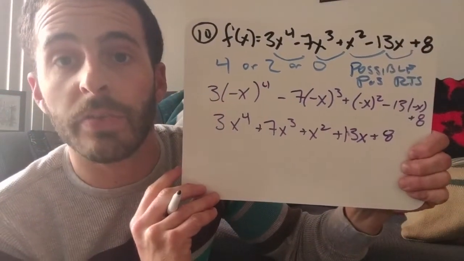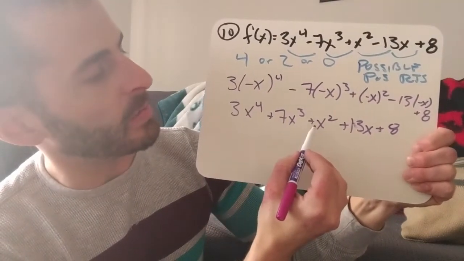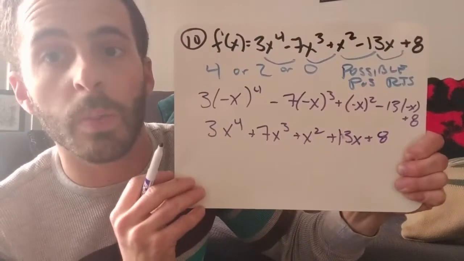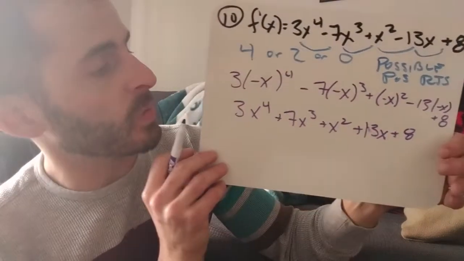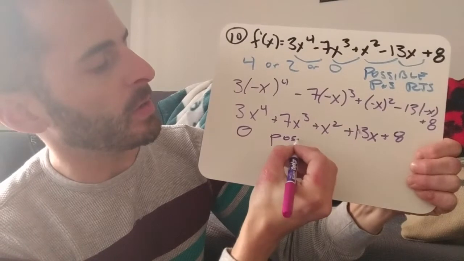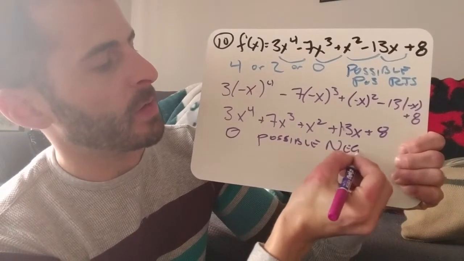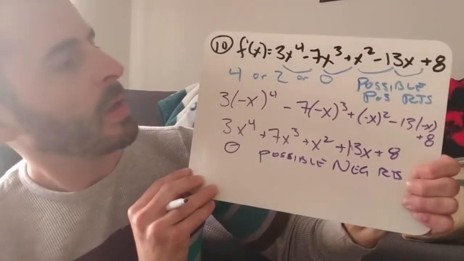So now I look to see if there's any sign changes. Let's see. Positive to a positive, nope. To a positive, nope. To a positive, nope. To a positive, nope. There are no sign changes, which means there are 0 possible negative roots.